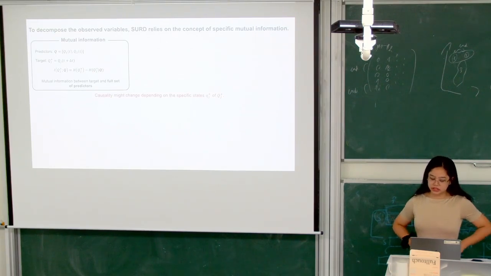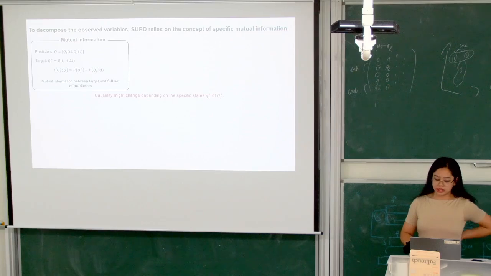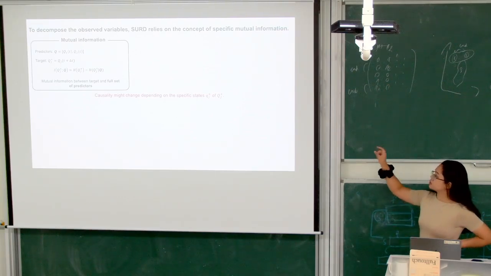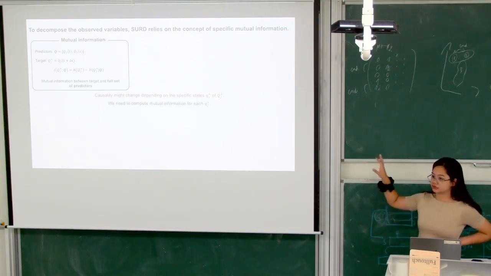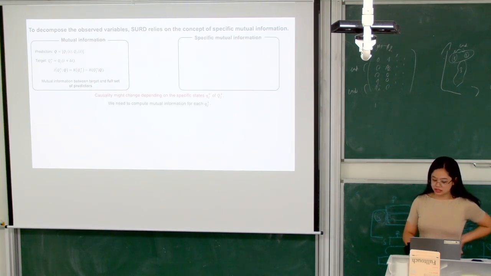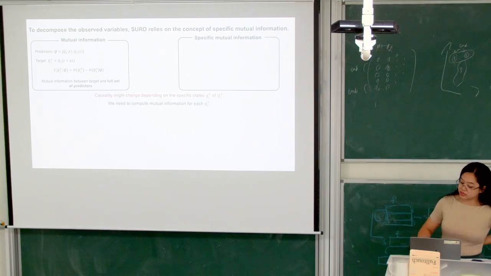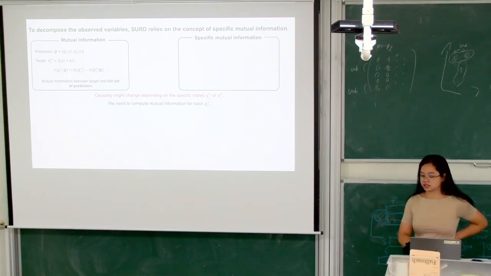And intuitively, this concept is just the information between the target and the full set of predictors. But the reason they use the specific mutual information is that causality may change depending on the specific state of the target variable. That means we need to compute the mutual information for each of these states, and the way we compute that is through the specific mutual information.